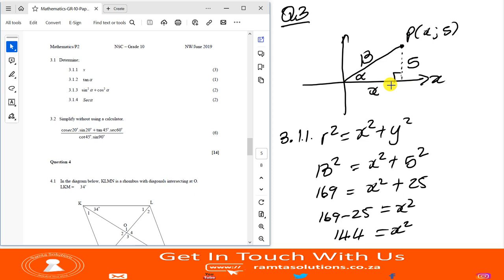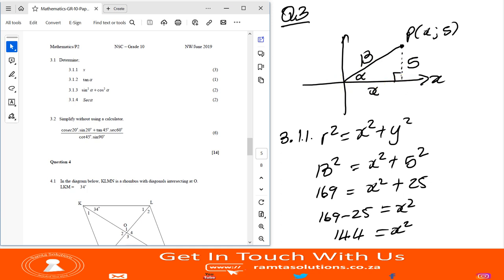Remember, the adjacent side is the one that creates the vertex on the angle in question, together with the hypotenuse. What is it? It is x. Can you see that? It is this side here. So this is what we refer to as the adjacent side.